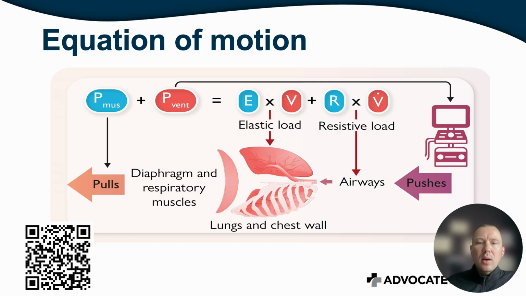2 of them are patient characteristics, namely elastance, which reflects the lung parenchyma, pleural space, and thoracic wall, while the resistance mainly reflects the airway that starts from the mechanical ventilator tubing, involves the endotracheal tube or tracheostomy, and then major airways all the way down to the bronchioli level.